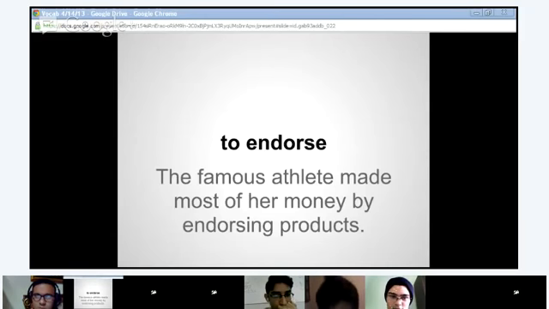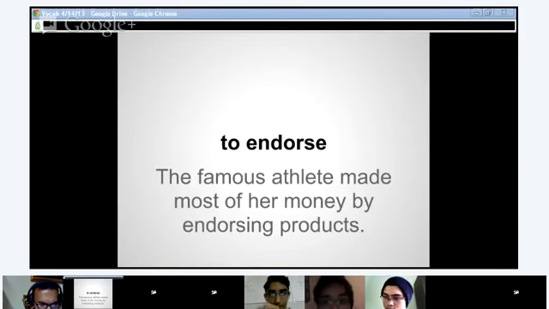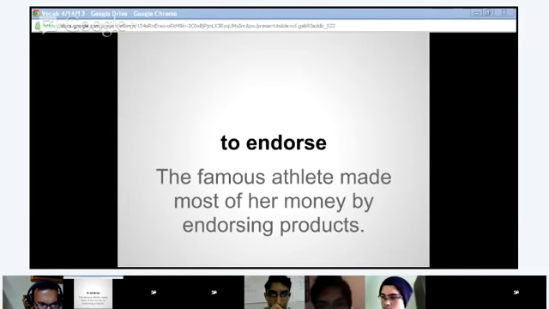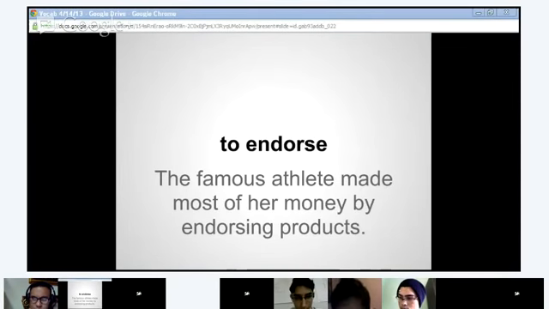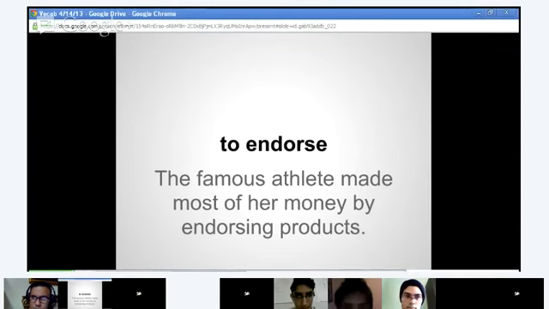Has anybody heard that? No. Okay, if you endorse a check, that's what you do when you sign on the back of it. So in order to cash that check, you have to sign your name on the back of it, and that means you're supporting it, or you can now cash that money. Okay, very good. Any other questions?